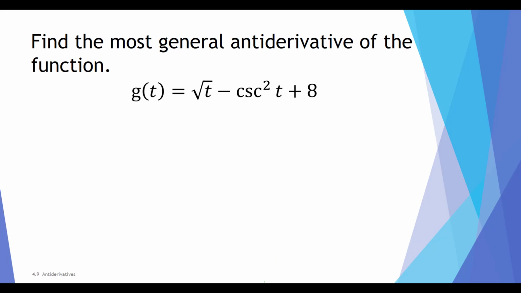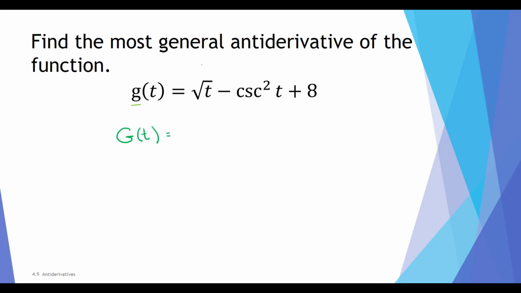Here's an example. Find the most general antiderivative of the function g of t equals square root of t minus cosecant squared t plus 8. Our notation for an antiderivative typically is we use the capital letter version of the function name. So this function is lowercase g of t. For my antiderivative, I will call it capital G of t.